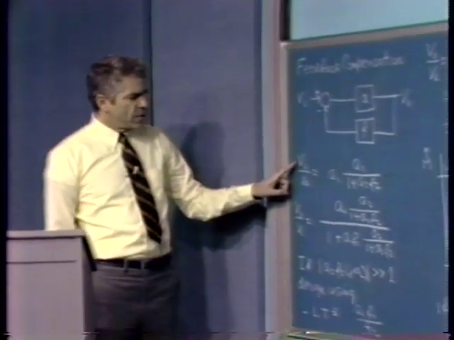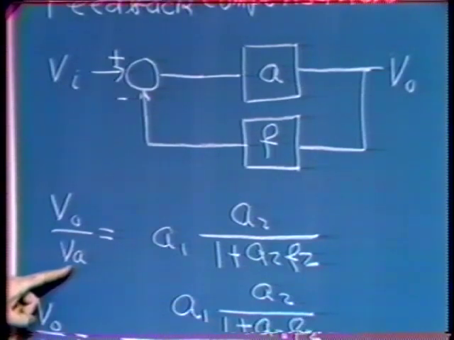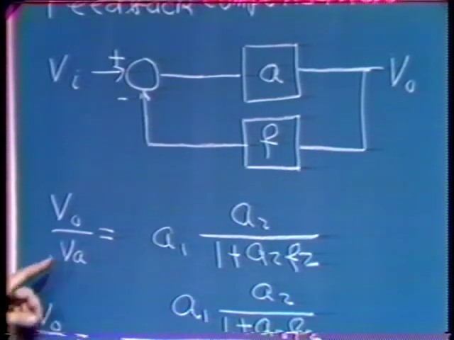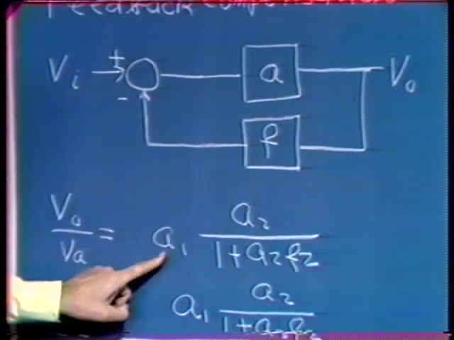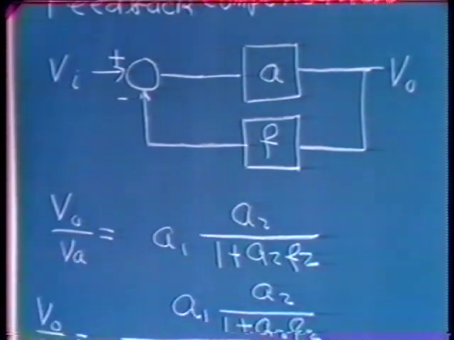We can consider the transfer function V out over VA. VA in the previous view graph was the voltage just out of the summing point in the major loop. And that transfer function is, of course, as always, A1, that's a cascaded element, and then we have a reduction of the minor loop.